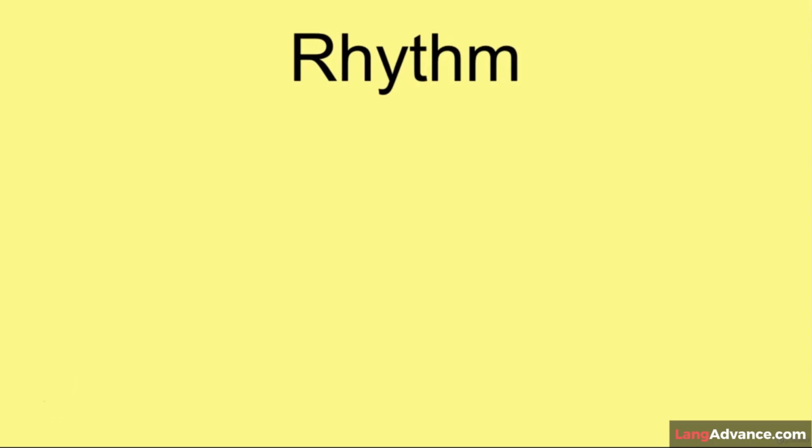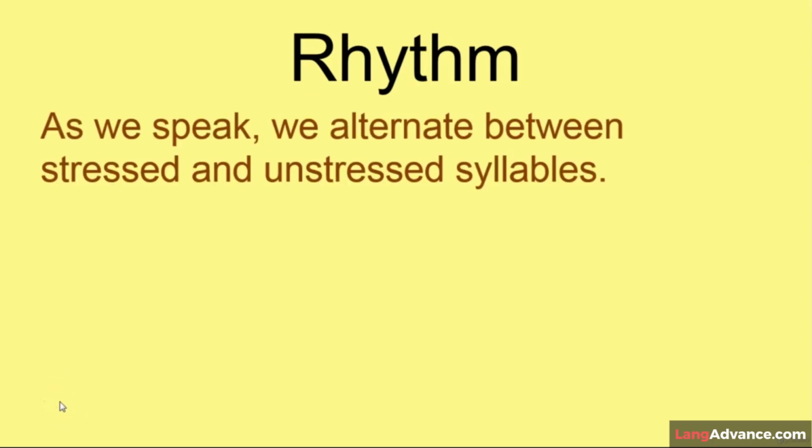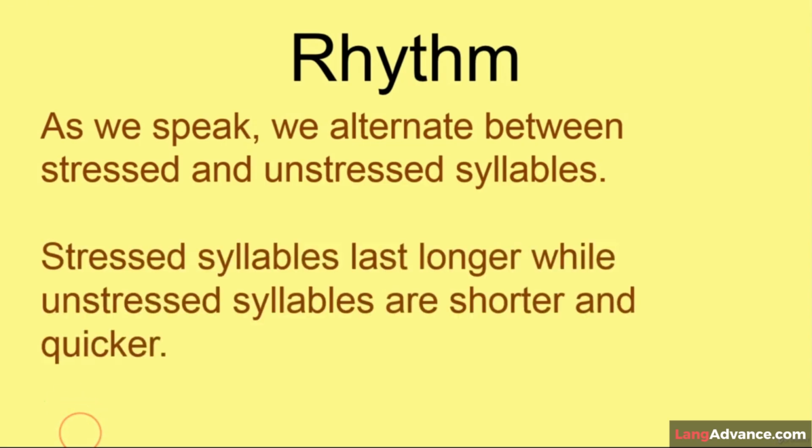What this means is that as we speak, we alternate between stressed and unstressed syllables. English rhythm requires that we use length and loudness to distinguish the more important words of a sentence. It is the stressed syllables which last longer, while unstressed syllables are shorter and quicker.